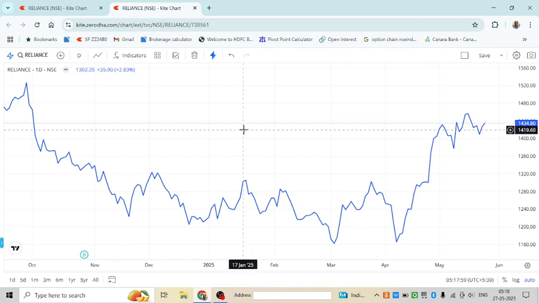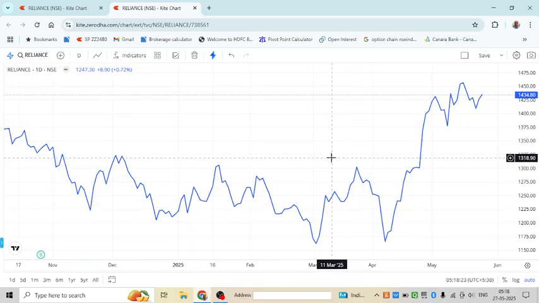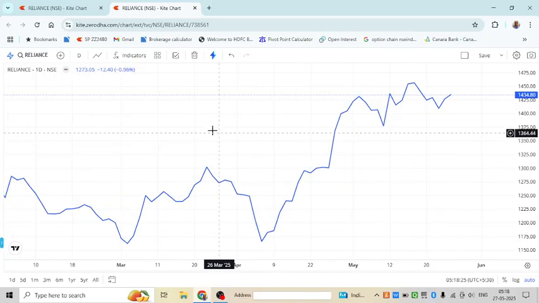So whatever is the close of the day, today's close and tomorrow's close, they get connected. So consecutive working days' close is getting connected, and there we find the line chart.